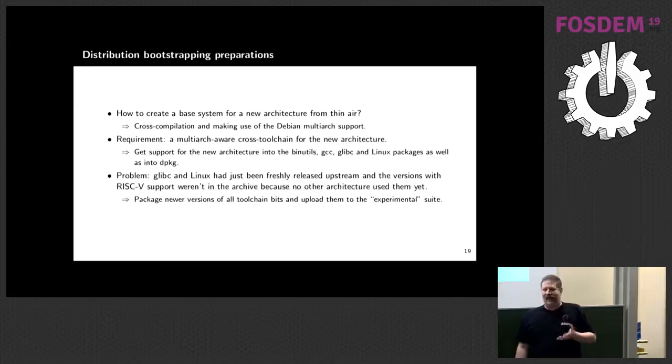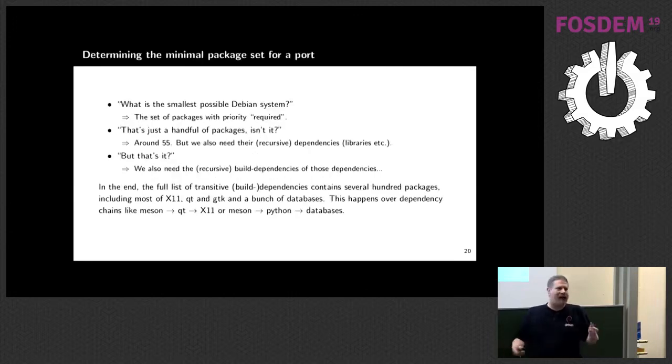Then, how does one start bootstrapping a new architecture? I needed a base set of packages. So which packages and how many are that? Well, Debian has package priorities, and the packages with the priority required are the base package set. Priority required, okay, that's easy. Just a handful of packages. That's 55 packages. That's no problem.